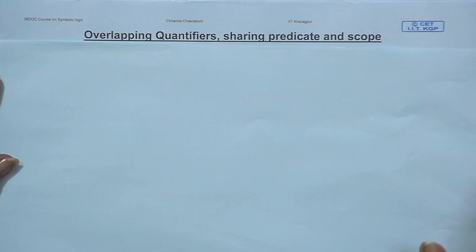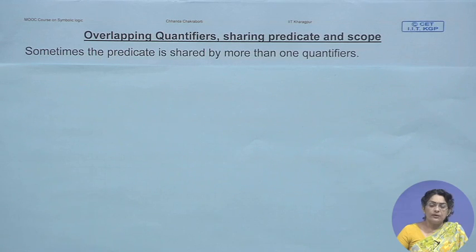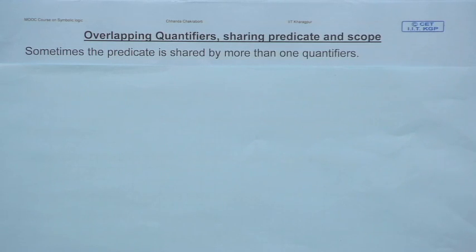As I said, sometimes the quantifiers may be overlapping, sharing the predicate as well as the scope. We are not just talking about the presence of many quantifiers in the same sentence, but we are actually saying the same predicate is being shared by more than one quantifier.